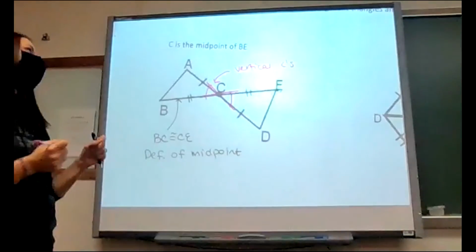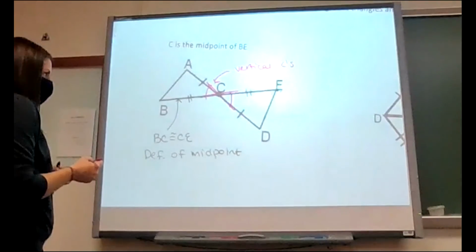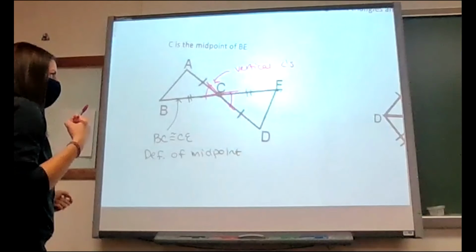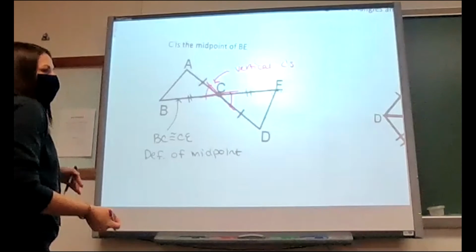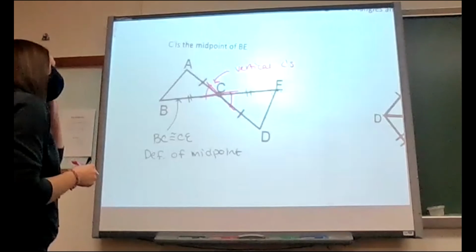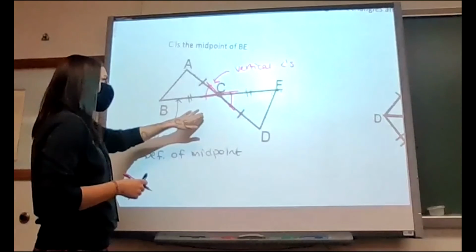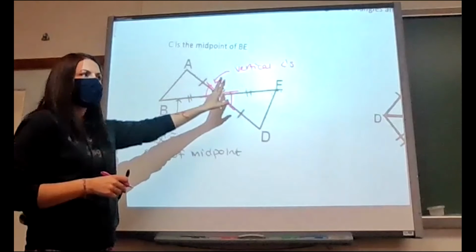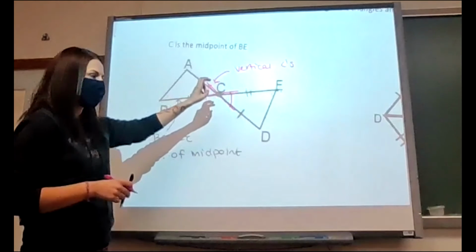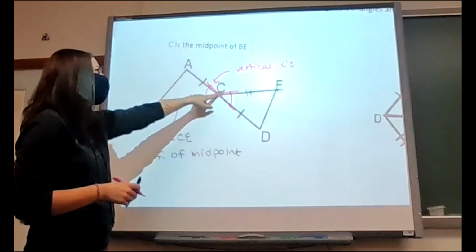Now, if I was writing a proof and I wasn't just looking at a diagram and deciding if they're congruent or not, I'd have to say which angle is congruent to which angle. The issue we run into in this diagram is that this is angle C and that's angle C. They have the same basic angle label, if I just use the center letter.